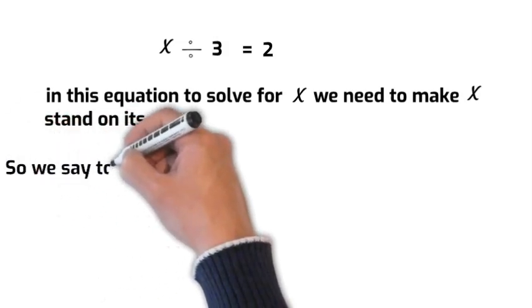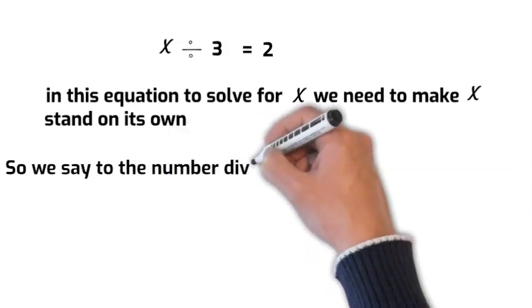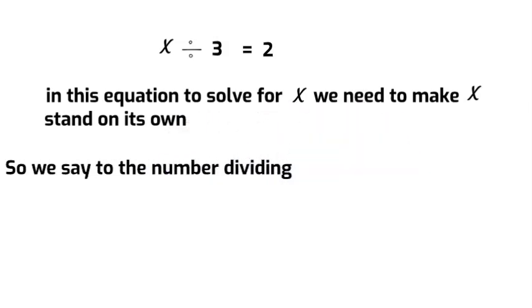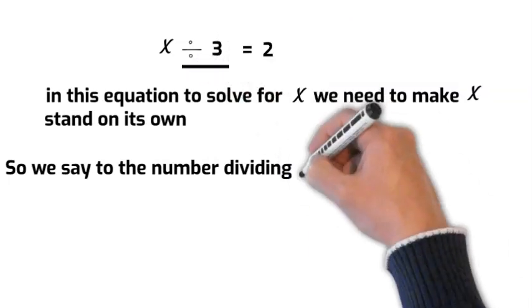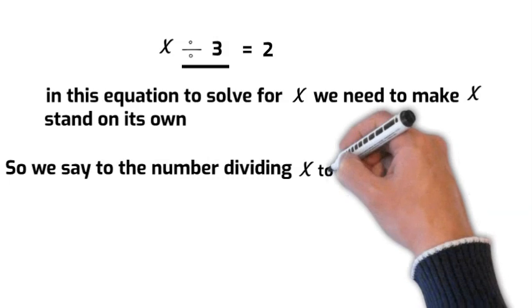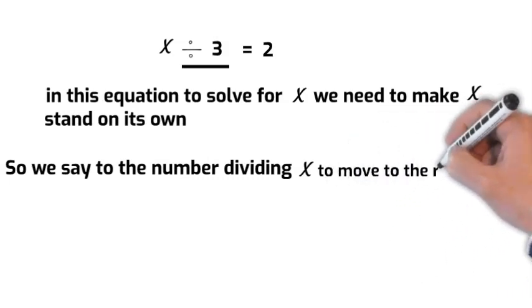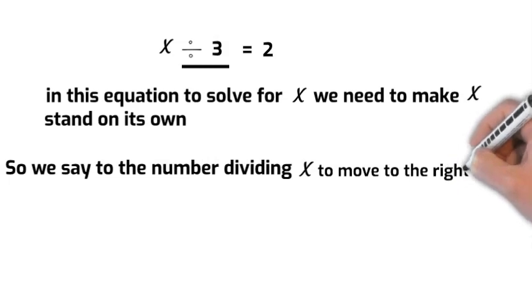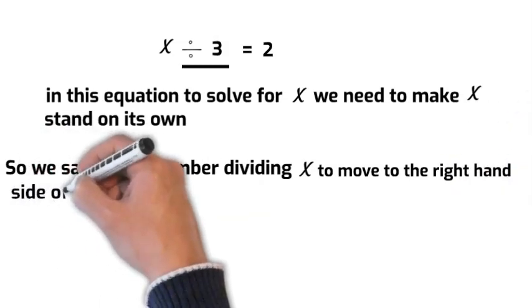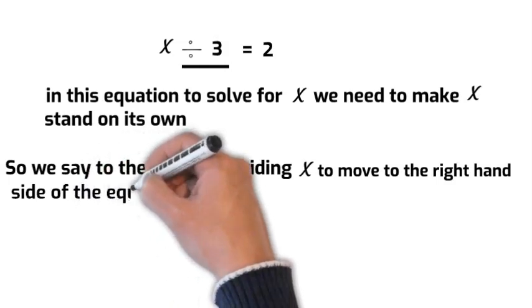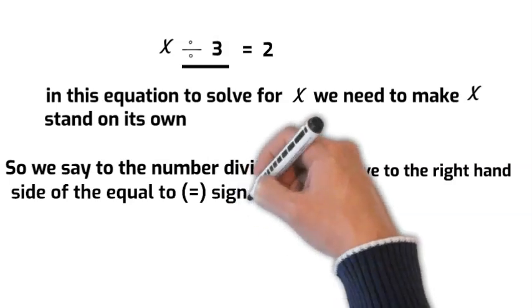So we say to the number dividing x, to move to the right hand side of the equal to sign.